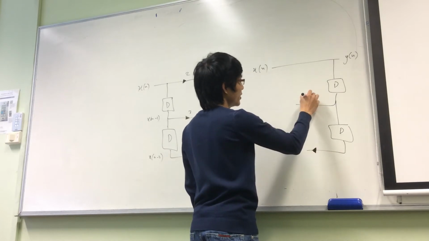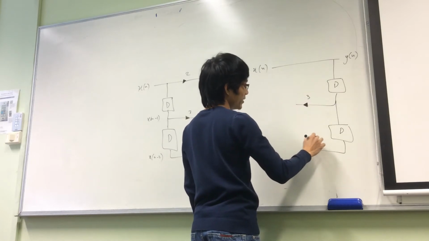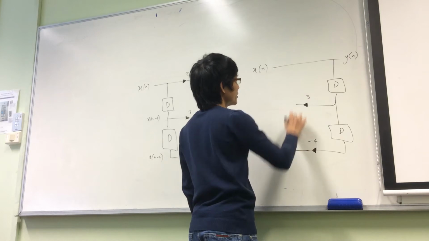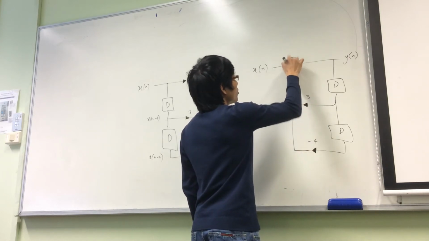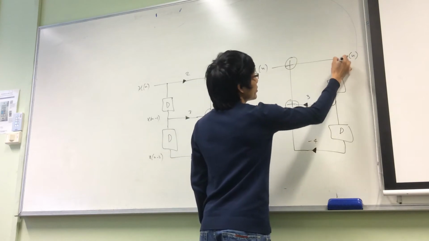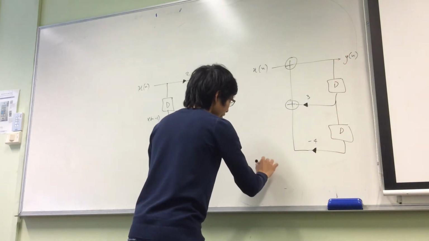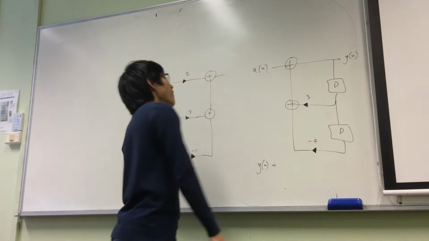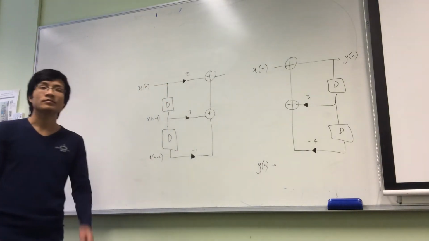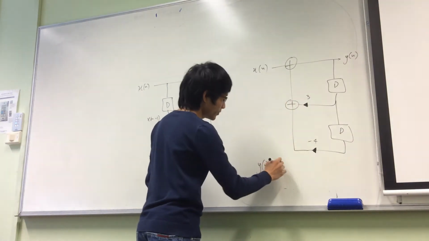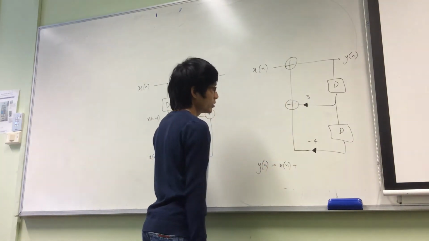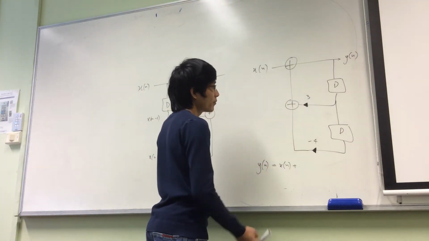What is this one multiplied by 3, this one multiplied by, let's say, minus 4, and add everything together. What is the function's equation on this one? What is xn plus yn?